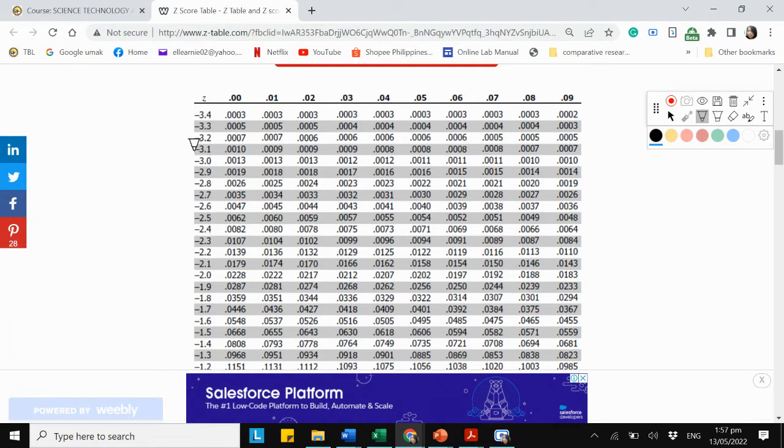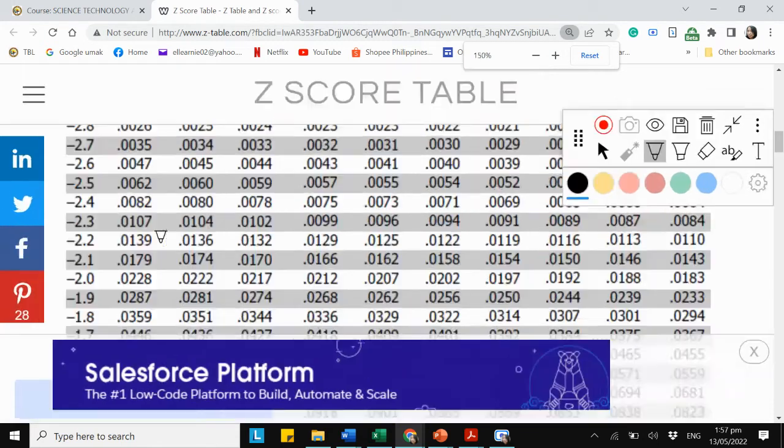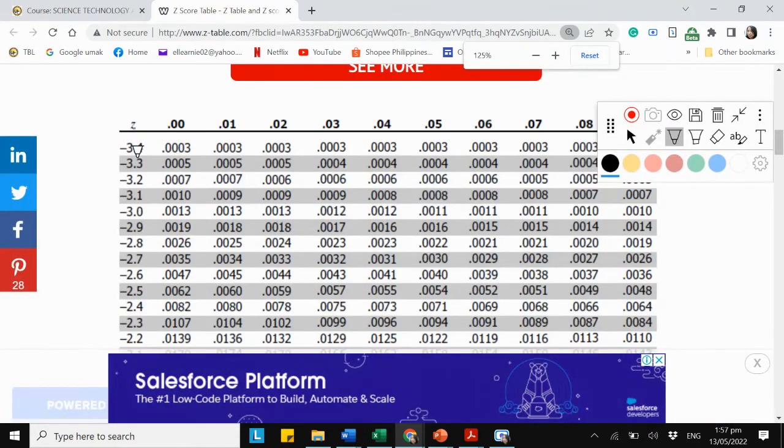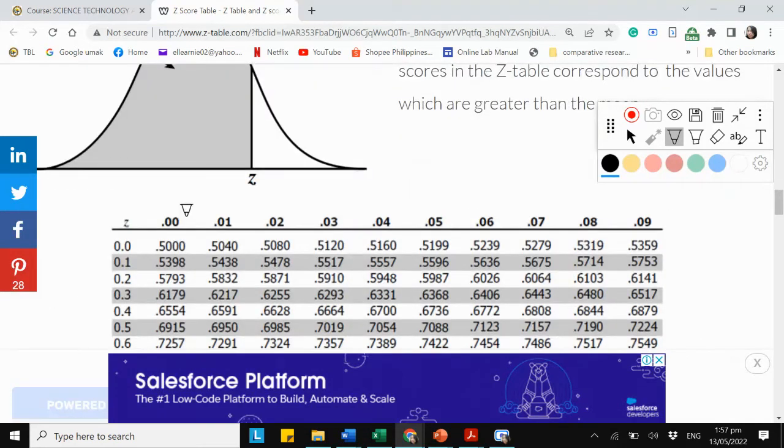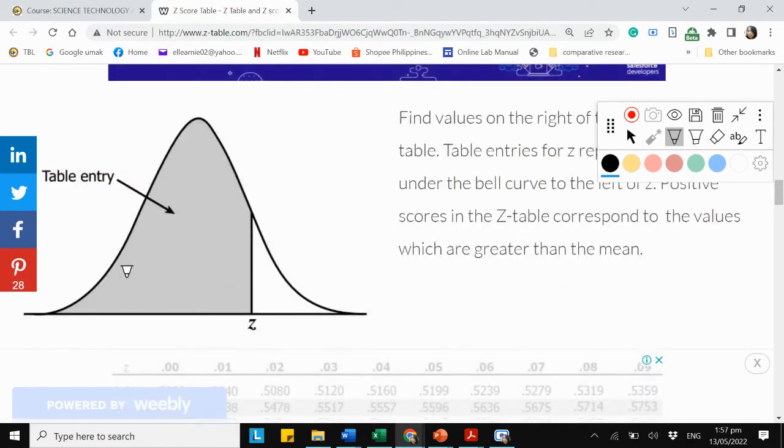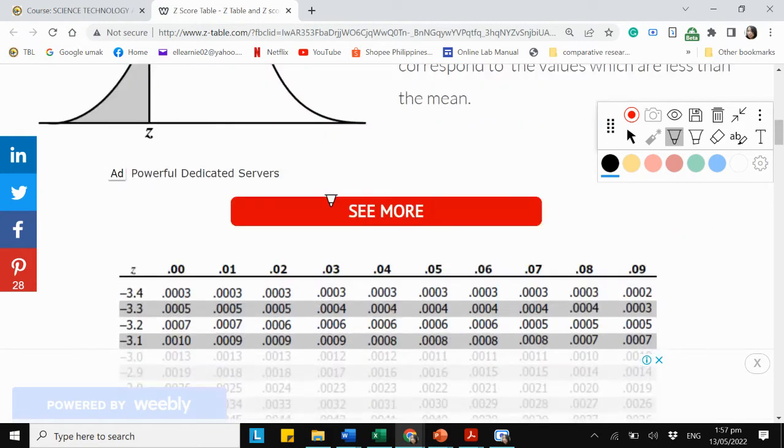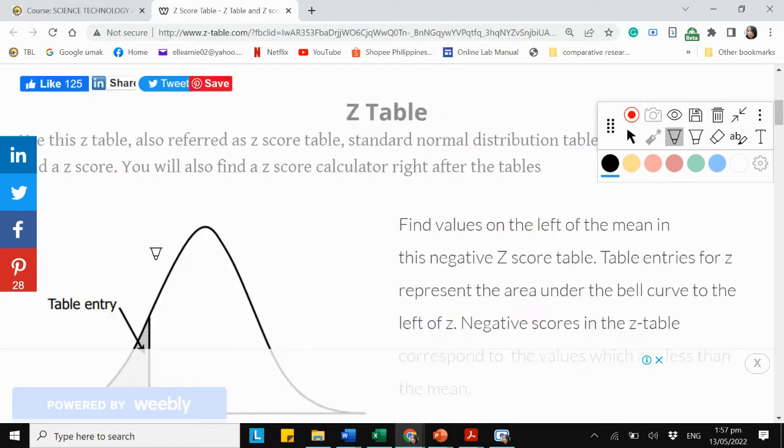Okay? So pag yung column, yung values na nandito, is negative, then you're looking at the negative z value. And then if you're going to look at the second one here, it is positive. So that's a positive z value. Now, usually, the values here refers to the area on the right side of the table entry.